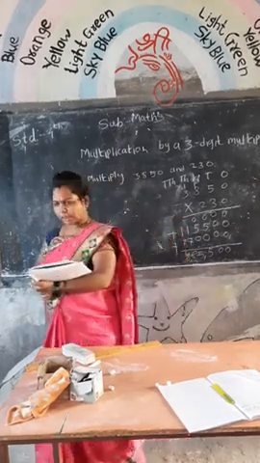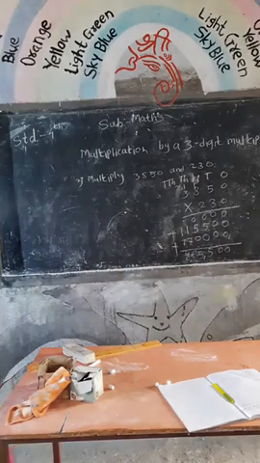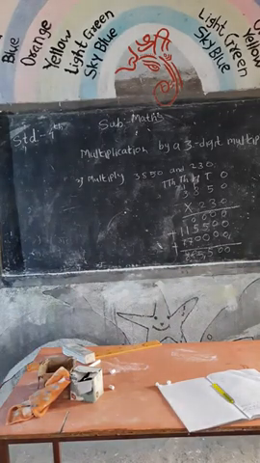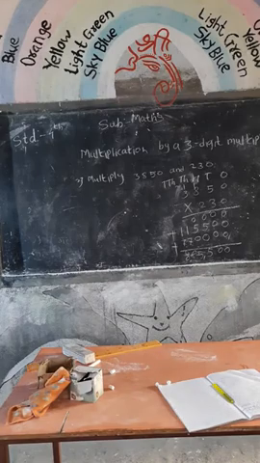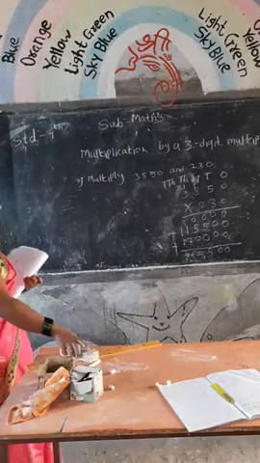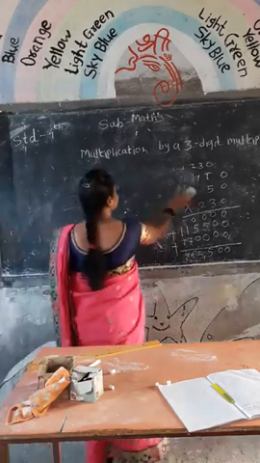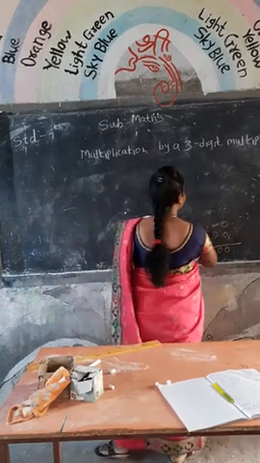Next, third example. Multiply 632 by 204. Third example of this type.